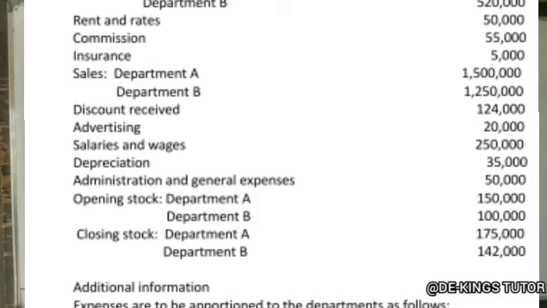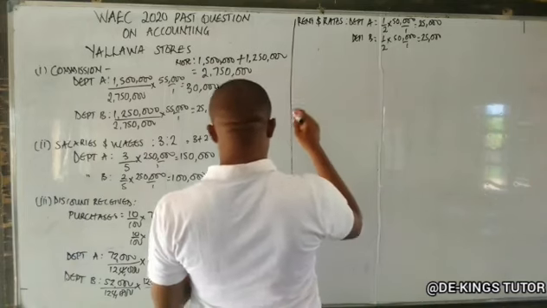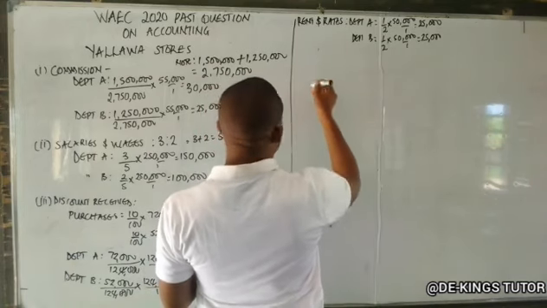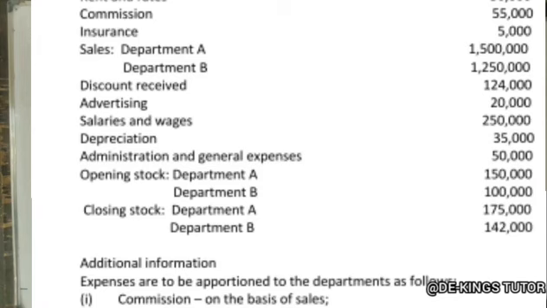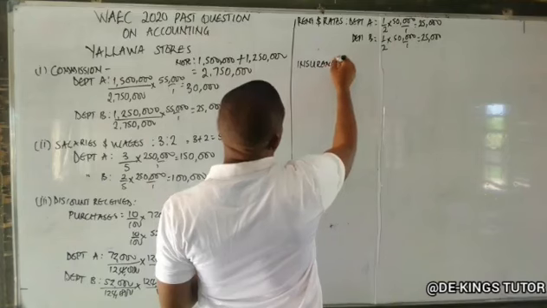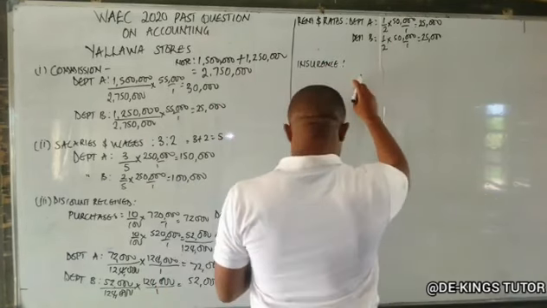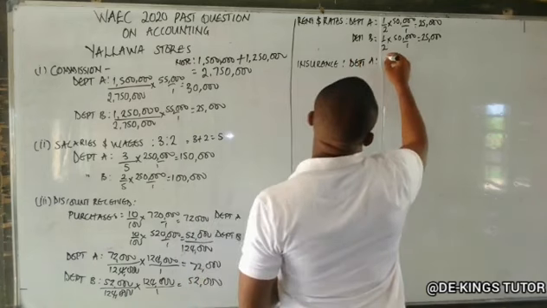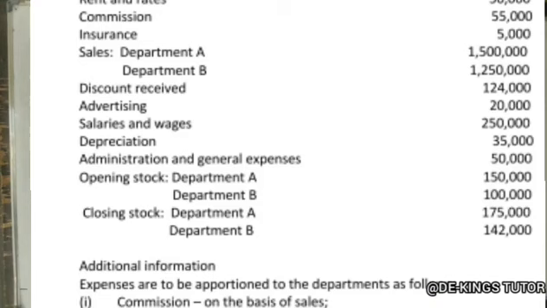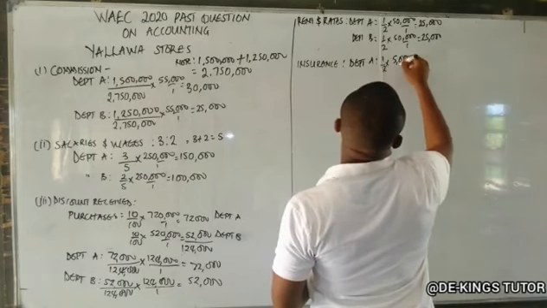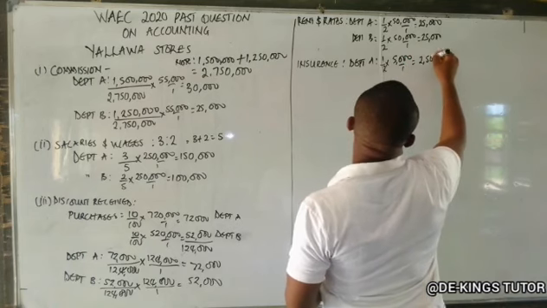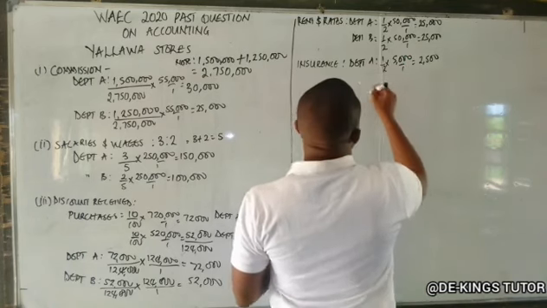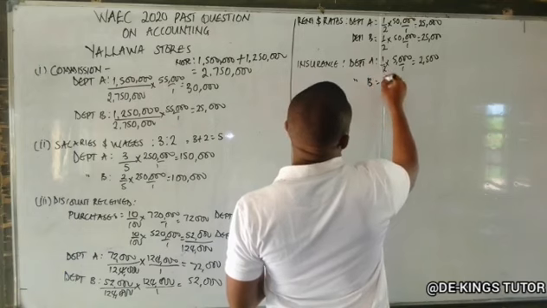So we move to the other one. Insurance, commission has been taken care of. So we move to insurance, because they said other expenses. For Department A, they said all these other ones are equal. It's half. How much of the insurance was paid? 5,000. So half of 5,000 is 2,500. The same thing for Department B. Okay?